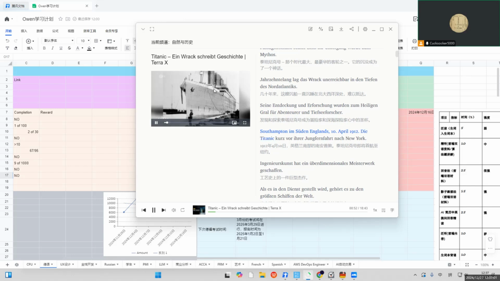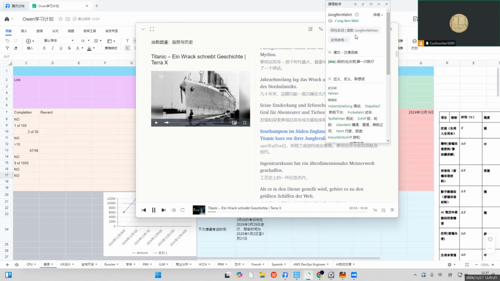Die Titanic kurz vor ihrer Jungfernfahrt nach New York. Okay. Titanic departs for New York, for ihre Jungfernfahrt. So Virgin.